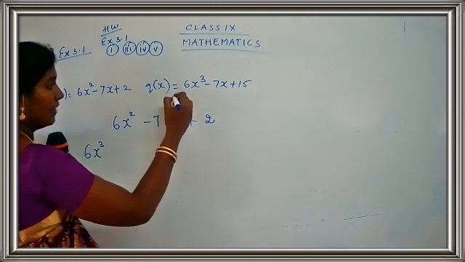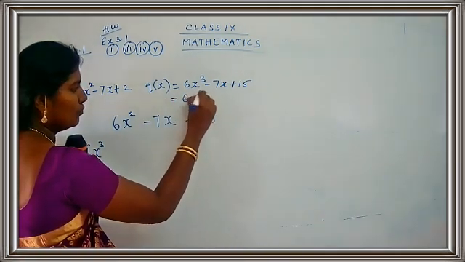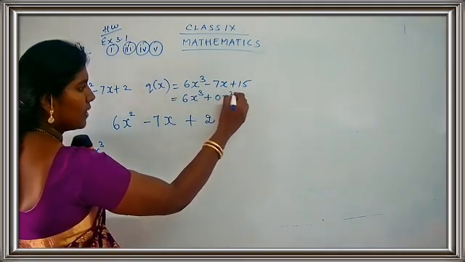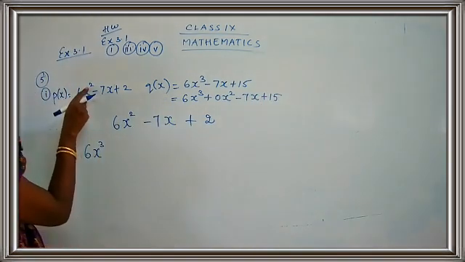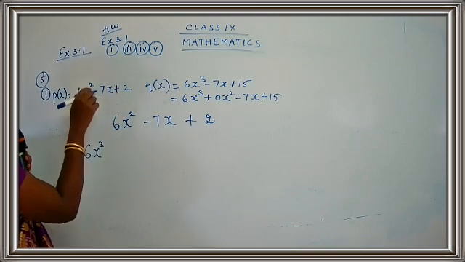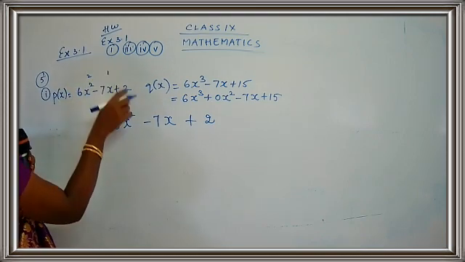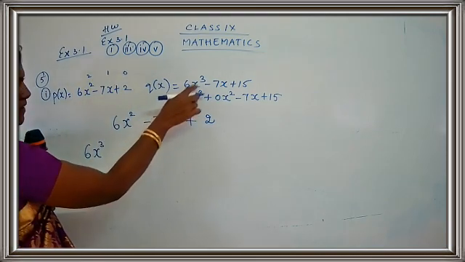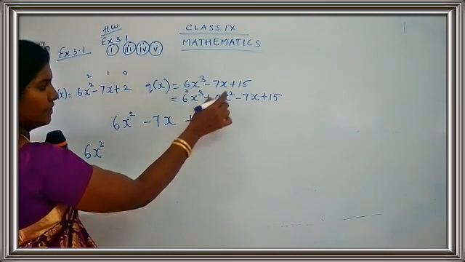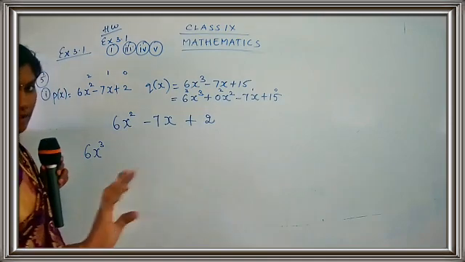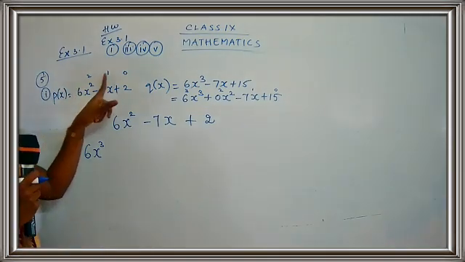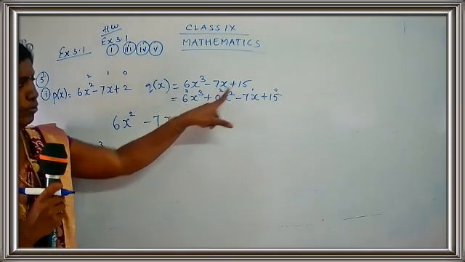So I will write this as 6x cube plus 0x square minus 7x plus 15. Power is 3, power is 2, power is 1, power is 0. So standard form, everything is there.